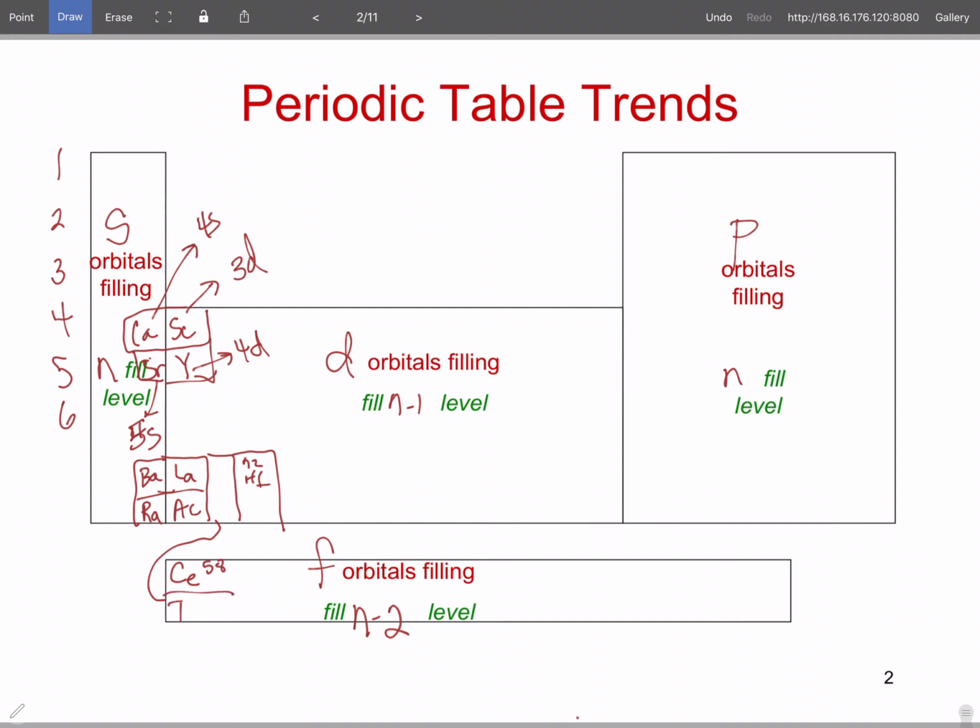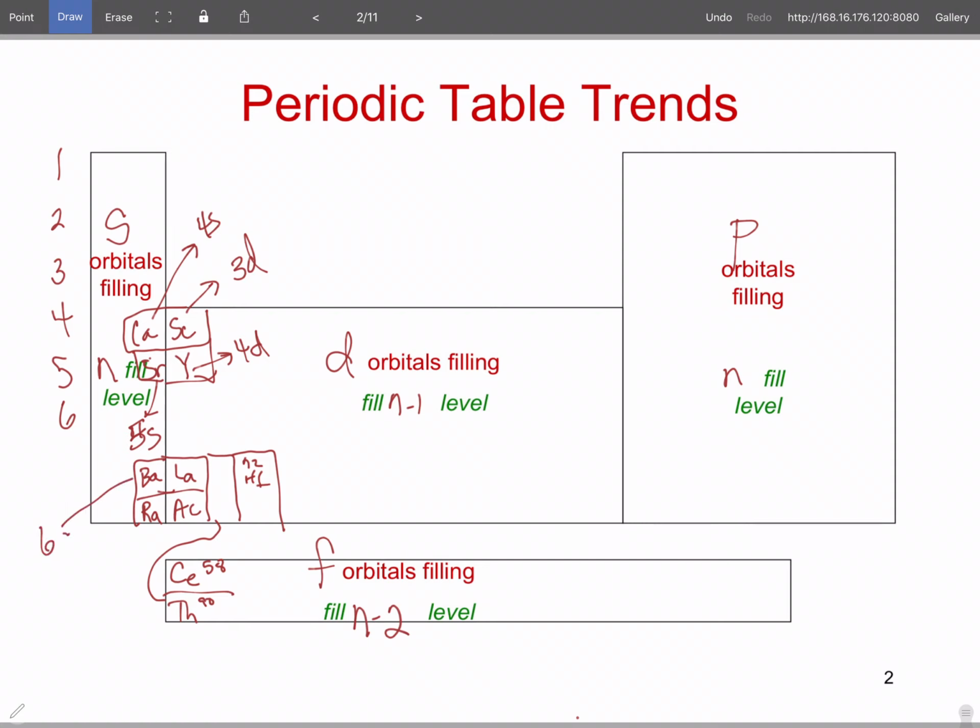Cerium is 58, etc. Thorium is 90. So this is where the wonky part gets. If you look here, barium is 1, 2, 3, 4, 5, 6. So barium is 6s. Lanthanum is 5d, and then cerium is 4f.